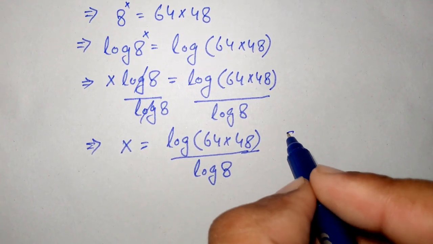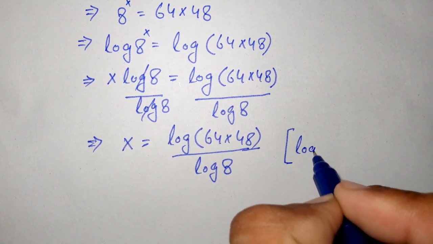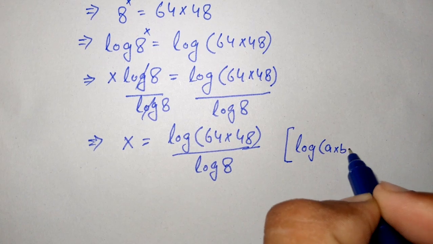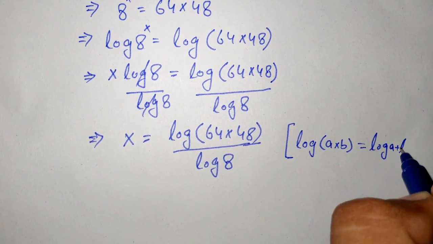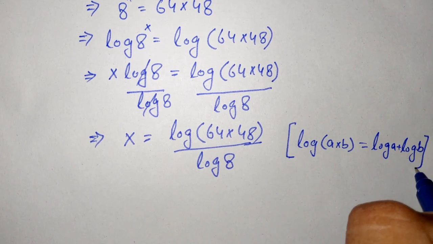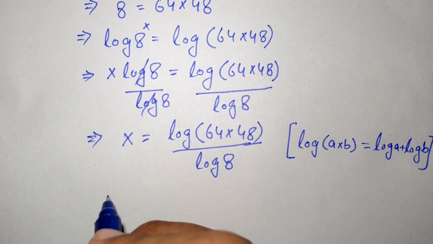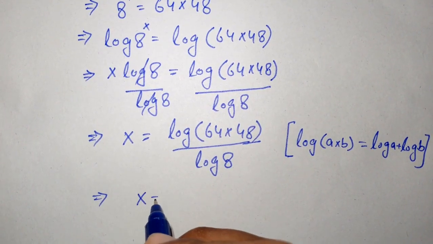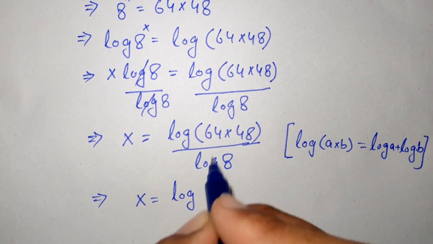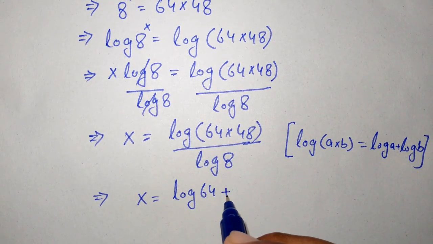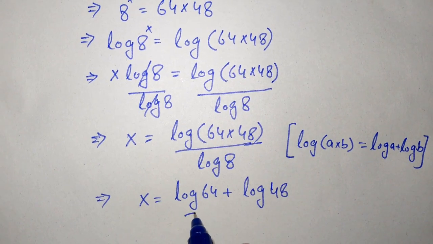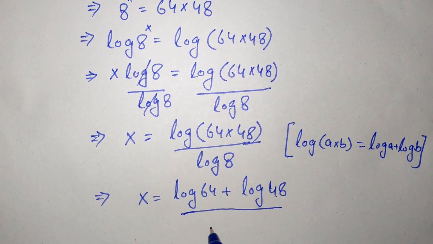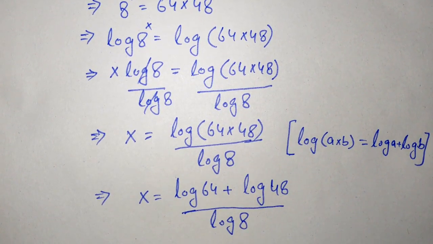We know that log of a times b is equal to log of a plus log of b. So this will become x is equal to log of 64 plus log of 48 divided by log of 8.